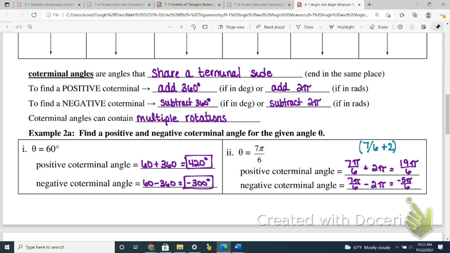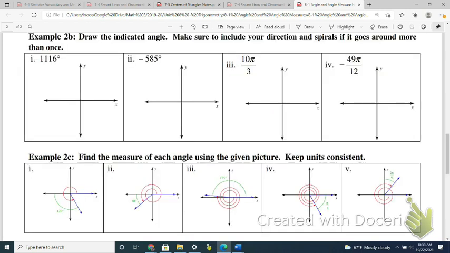So now let's take a look at some angles that we're going to have to draw that have multiple rotations on them. So if I want to draw an angle of 1,116 degrees, I need to figure out how many 360 degrees are in there.